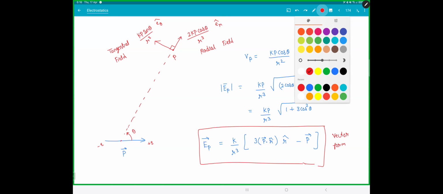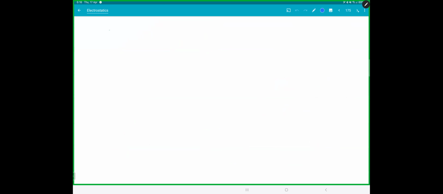So in this, the two important cases are: if you take theta equal to 0 degrees, then the point P will be on the line. This is called the axial line. And the field here will be simply 2kp by r cube. There will be no tangential component.